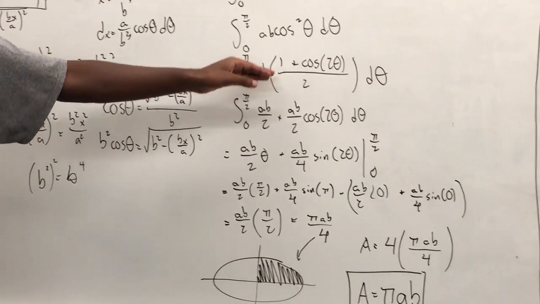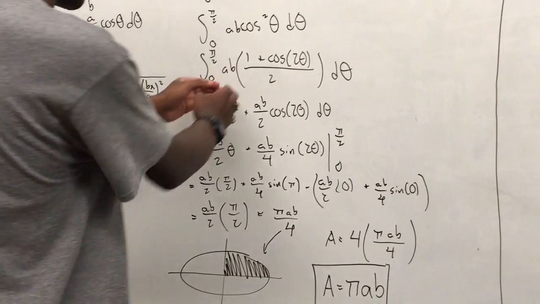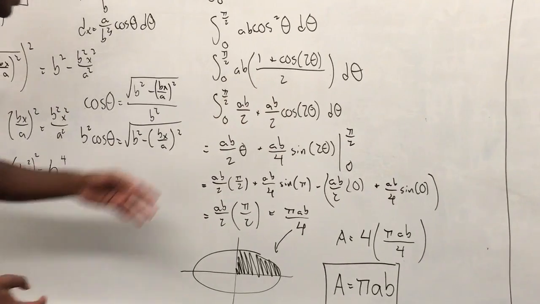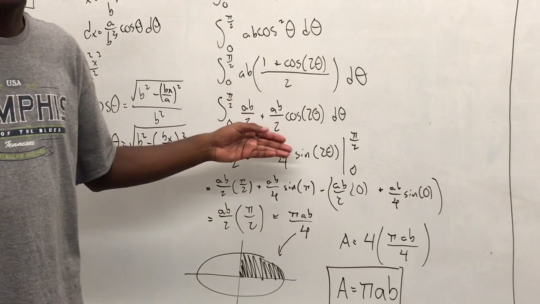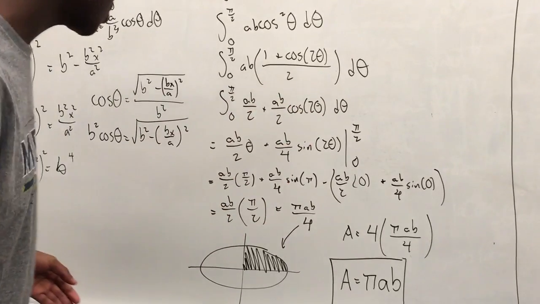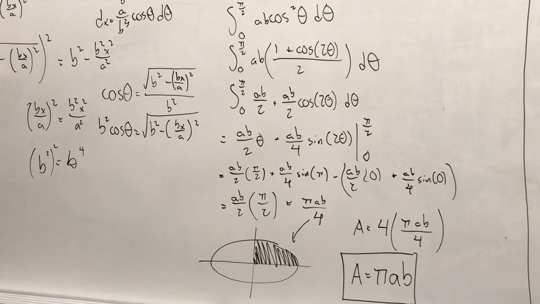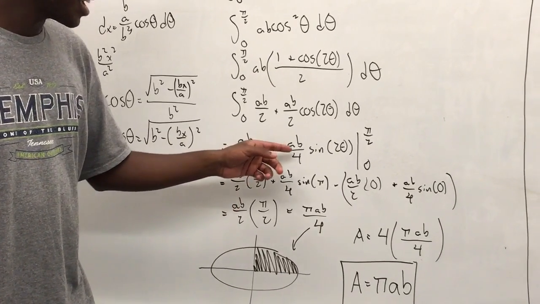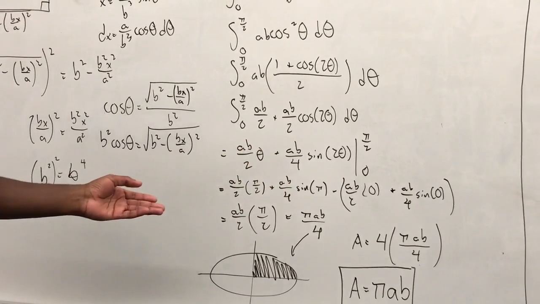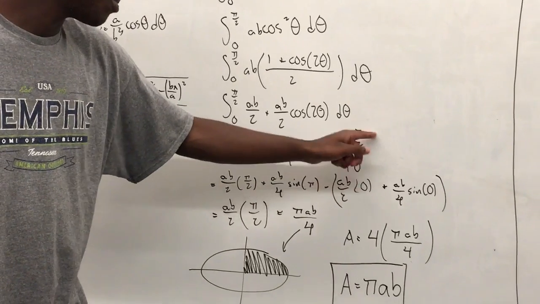So we can distribute this ab across the board, so it will be ab over 2 plus ab over 2 cosine 2 theta d theta. So when we integrate this, we'll get ab over 2 theta plus ab over 4 sine of 2 theta from 0 to pi over 2.